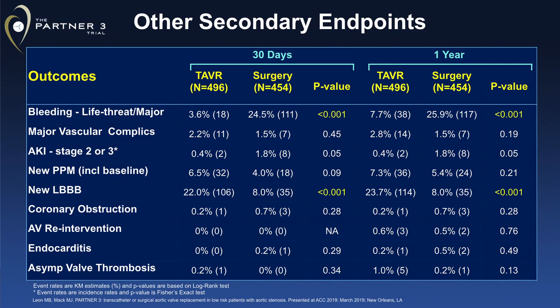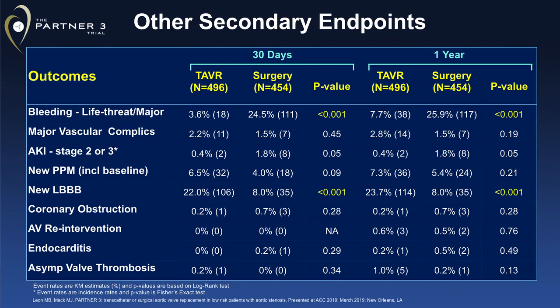Bleeding, including life-threatening or major bleeding, was actually higher, both at 30 days and 1 year, in surgery, and that was statistically significant. This other one that's statistically significant is a new left bundle branch block. So basically it's an electrical finding on the EKG.